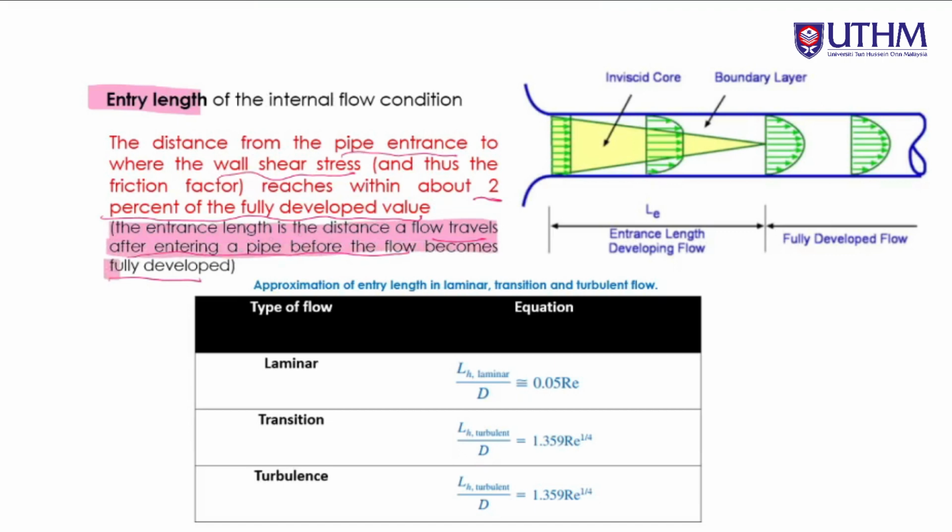So what is the entrance length? Entrance length is the distance of a flow that travels after entering a pipe before the flow becomes fully developed. Contohnya macam gambar dekat sebelah ni, figure kat sini. So sini kita ada flow that travels after, masuk ke dalam satu pipe, is entering a pipe. Okay, as dia masuk with equal velocity.